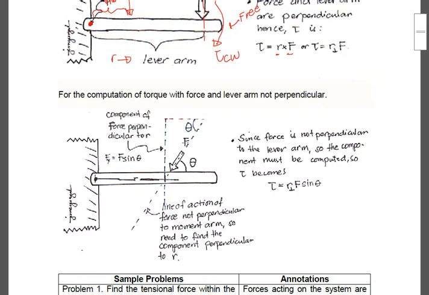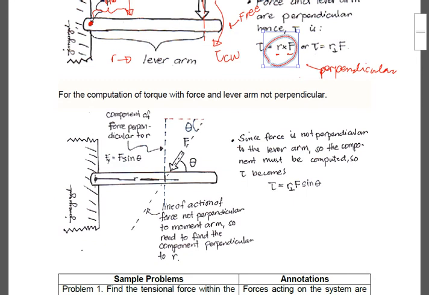The question here is, can we apply directly the equation? Well, the answer is no, because since this is a cross product quantity, we have to take into consideration that the force and the moment arm must be perpendicular with each other.